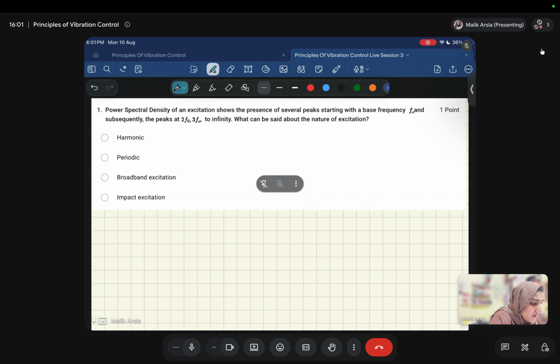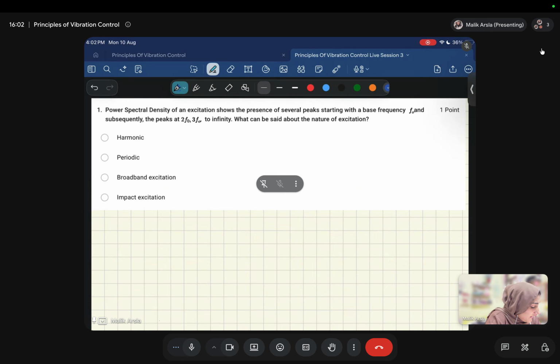Okay. So we know that the power spectral density measures how power of a signal is distributed across different frequencies. And so let's come to the options. In case of harmonic, we know that it has a single frequency sinusoidal excitation, right? Say of the form A sine omega t or something like that. So there is only one frequency, so that is not the option here.